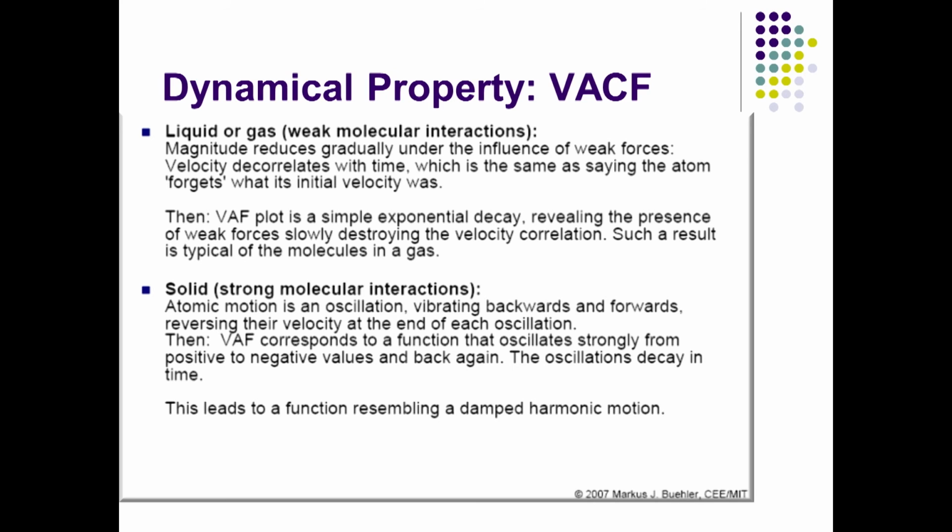In liquids, the magnitude of the molecular interactions reduces gradually under the influence of weak forces. So, it starts with a correlation, but it expands out. The correlation becomes weaker and weaker, and velocity decorrelates with time in the liquids.